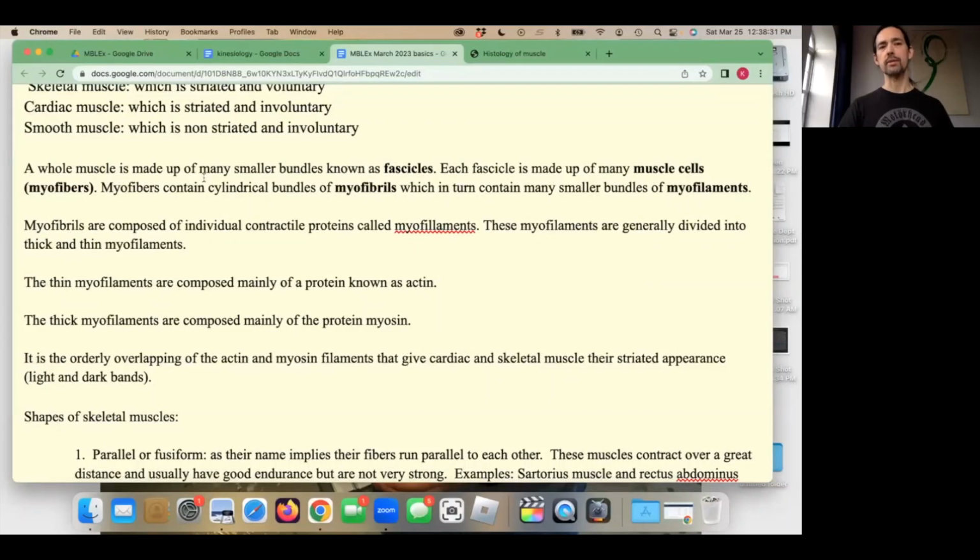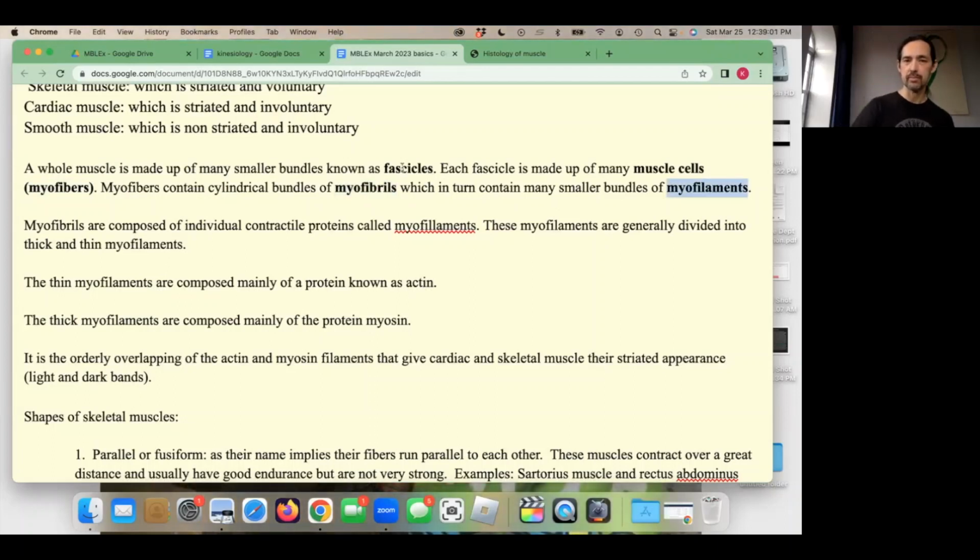A whole muscle is made up of many smaller fascicles. Each fascicle is made up of muscle cells or myofibers. Myofibers contain cylindrical bundles of myofibrils, so myofibers are made up of myofibrils, and myofibrils are made up of myofilaments.